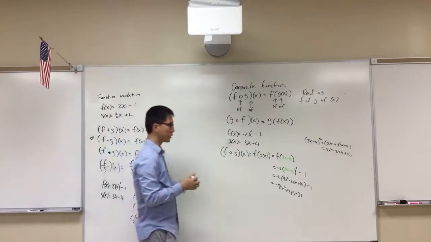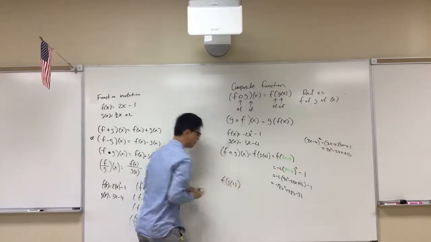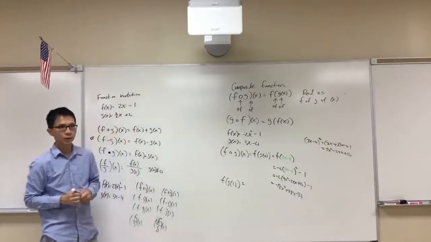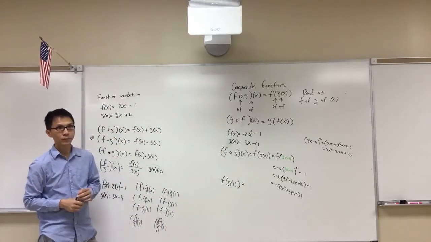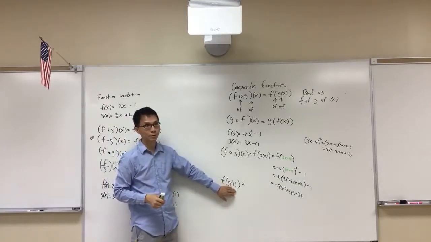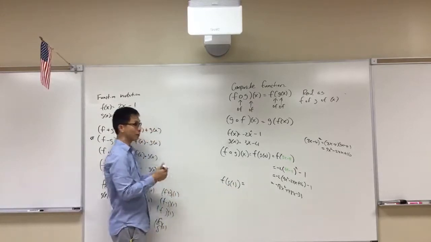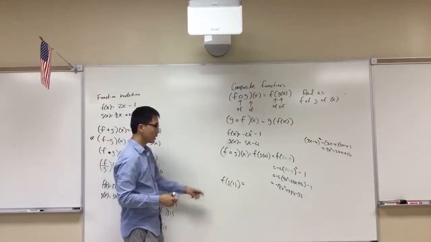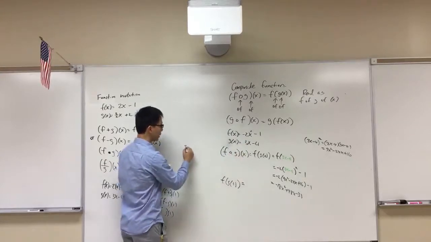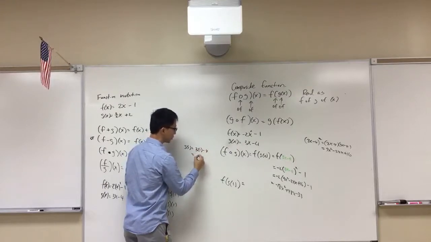If I were to ask you, hey, can you tell me what f of g of 1 is? Now that's why people get confused. Here, you start with the innermost, so you start with g of 1. You can do g of 1 on the side. If I plug in g of 1, it's 3 times 1 minus 4, that's equal to negative 1.